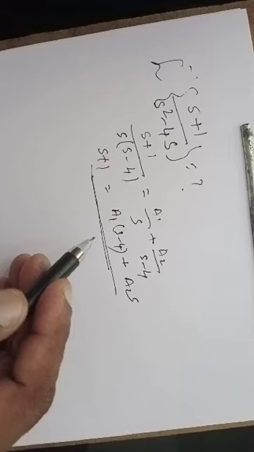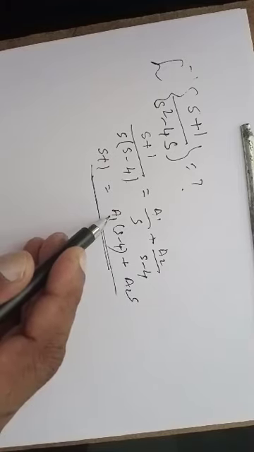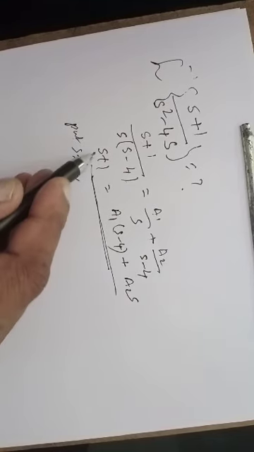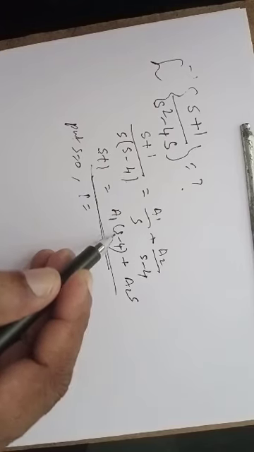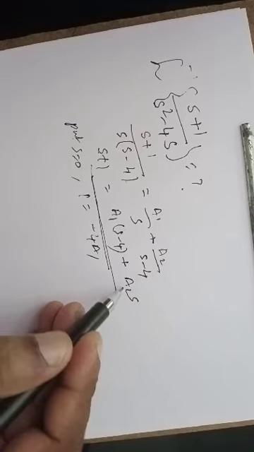From this result, you can find a1 and a2. How? Just put s equal to 0, then a2 vanishes and only a1 remains. Let's put s equal to 0. Here 0 plus 1 is 1, and on the right it is minus 4 a1, plus a2 into 0.